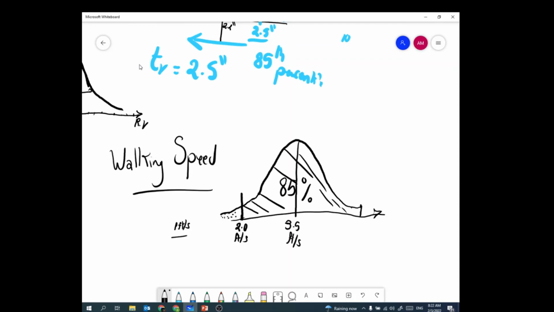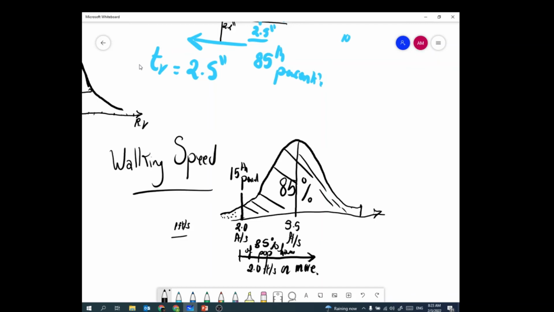This value here, because it's on this side, is called the 15th percentile. It means that when I say 15th percentile, it's the speed where 85% of the population is taken care of, or has 2 feet per second, which is the 15th percentile, or more.